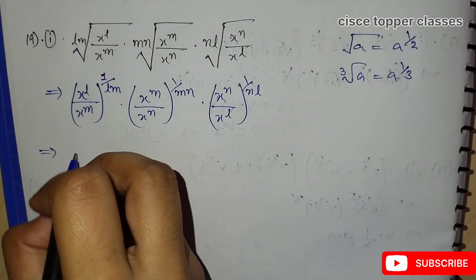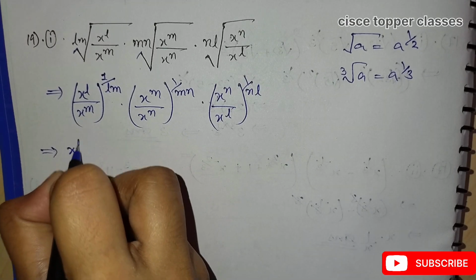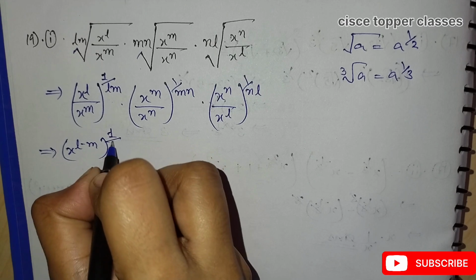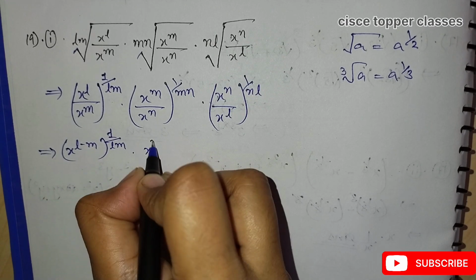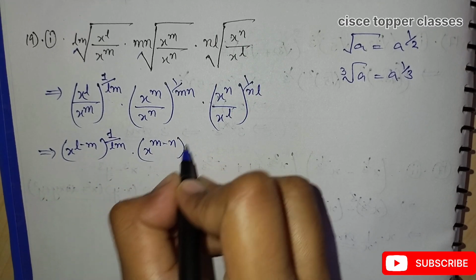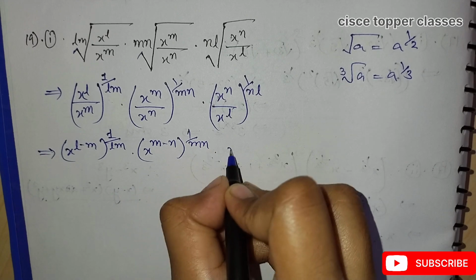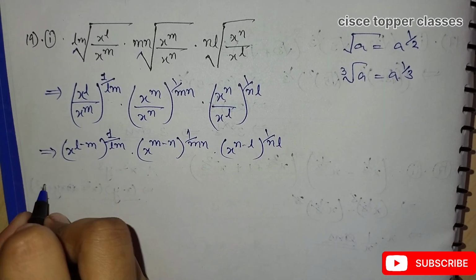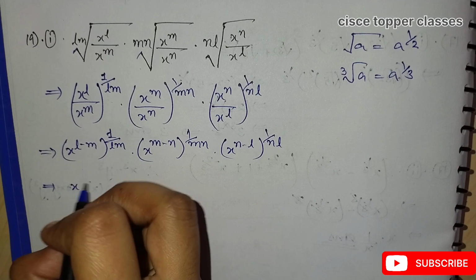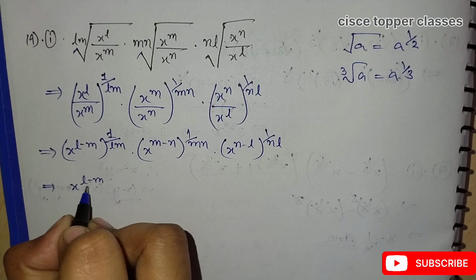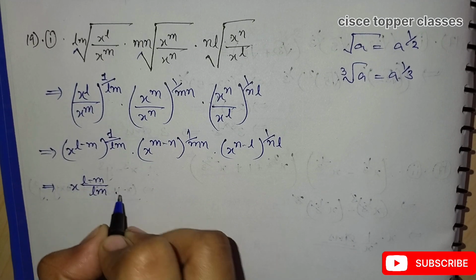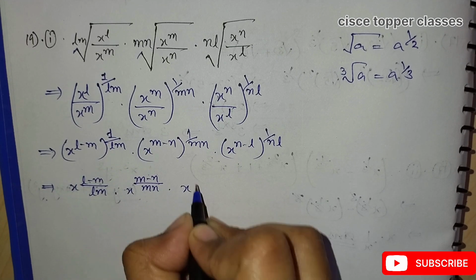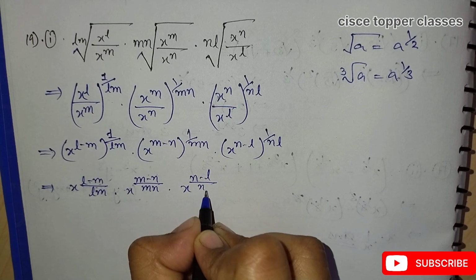We can simply write this part as x^(l−m) to the power 1 by lm, multiplied by x^(m−n) to the power 1 by mn, multiplied by x^(n−l) to the power 1 by nl. So here we can write it as x^((l−m)/lm) times x^((m−n)/mn) times x^((n−l)/nl).